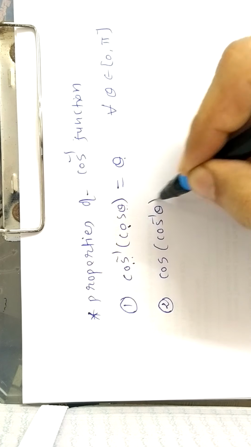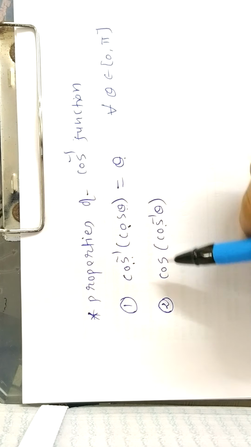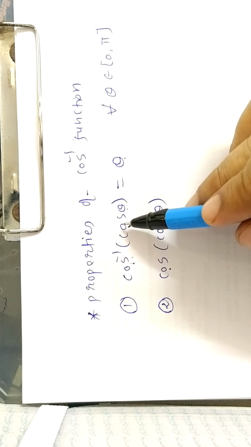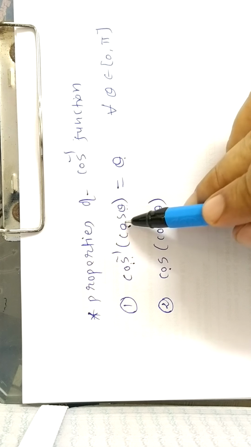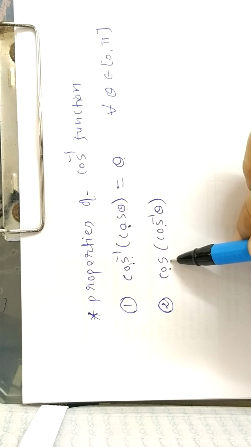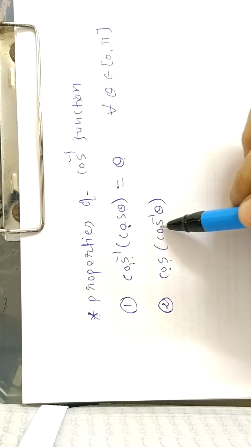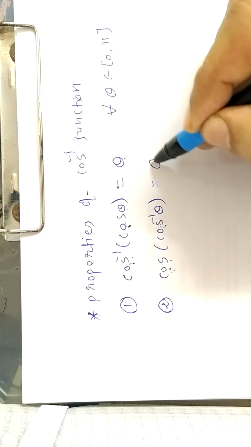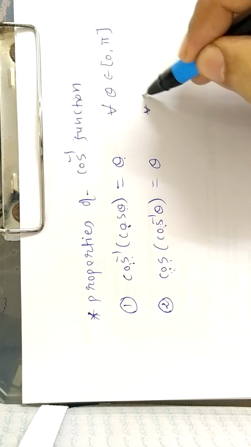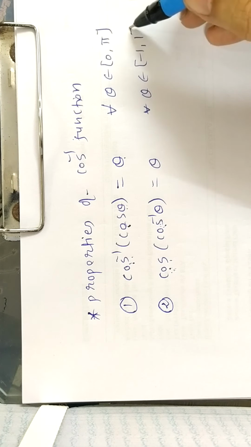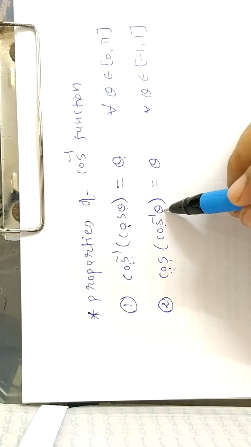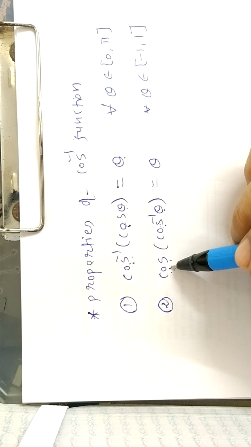Cos cos inverse theta. This is the composition of cos and cos inverse. In previous example, this is the composition of cos inverse and cos, but in this second example, this is the composition of cos and cos inverse. So outer function is cos function, equal to theta if theta belongs to -1 to +1, because we should check this value becomes in the range of outer function or not.